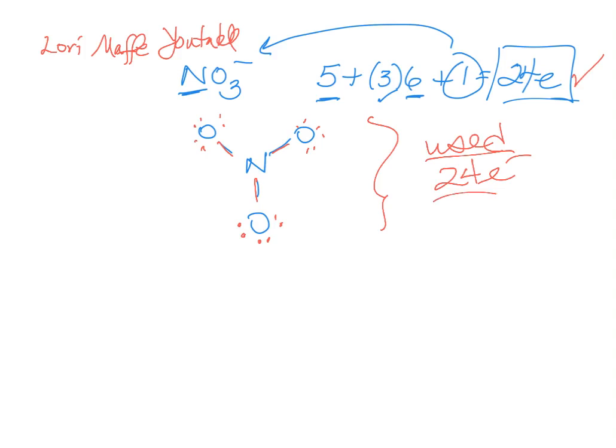But it turns out that once you've used all the valence electrons, if the central atom does not have an octet, and we can see the nitrogen doesn't, it only has 2, 4, 6 electrons around it, you have to start making double and or triple bonds to give that central atom an octet. So if we take one of the lone pairs of electrons and move it to make a double bond, let's look at what our structure is.